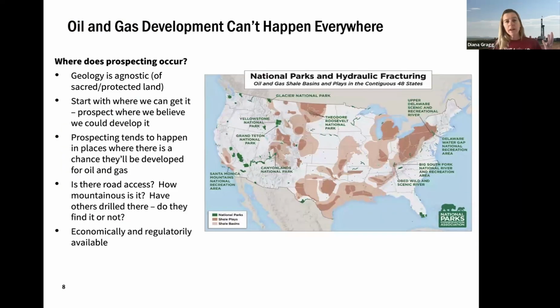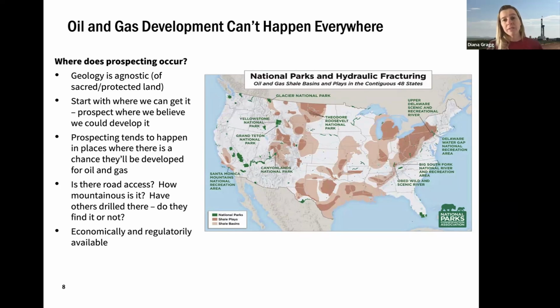When you're thinking about where we can do our oil and gas, obviously we can't do that development everywhere. And there's a lot of things that limit the places we would go look for oil and gas because of these limitations. So we're looking at the geography of where it was likely formed and how our land masses have moved around. We start with also the places where we could actually develop it. So I'm showing you here a picture of the national parks in the United States.